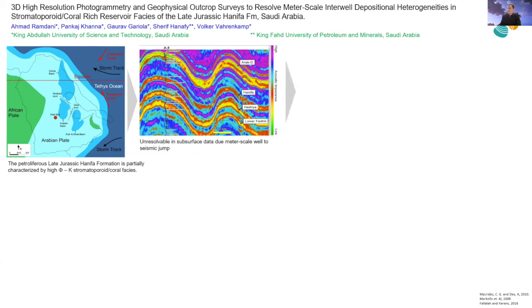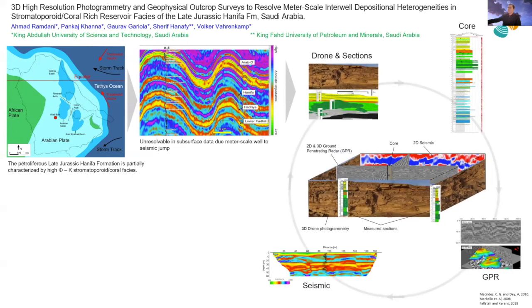Since depositional heterogeneity of carbonate sedimentary bodies is in 3 dimensions, our approach for this outcrop analog study is also in 3 dimensions. We are using integrated multiple geological and geophysical datasets. Essentially, we combine 3D drone photogrammetry and measured sections for a continuous outcrop facies investigation.